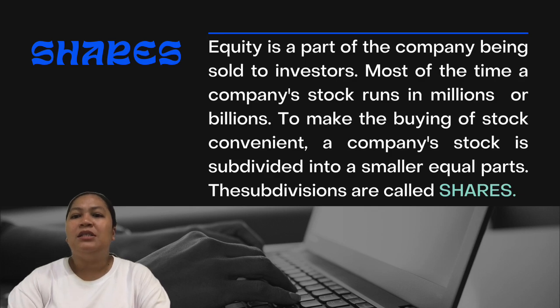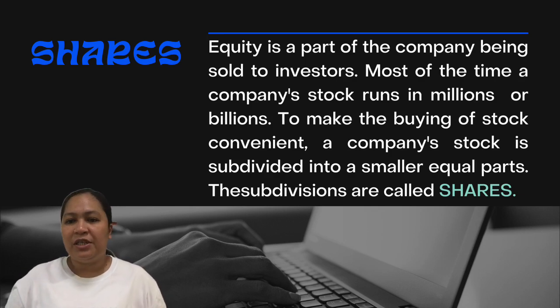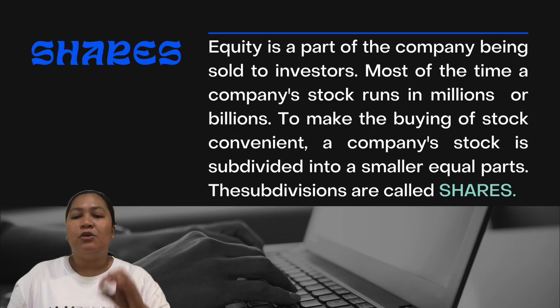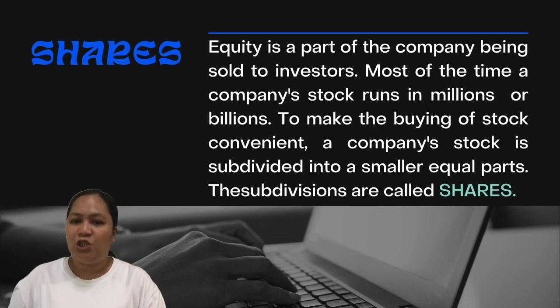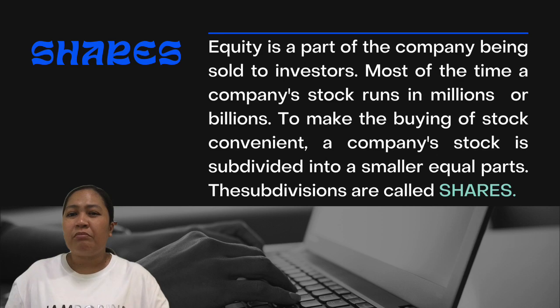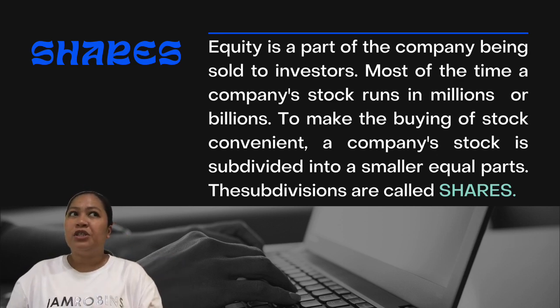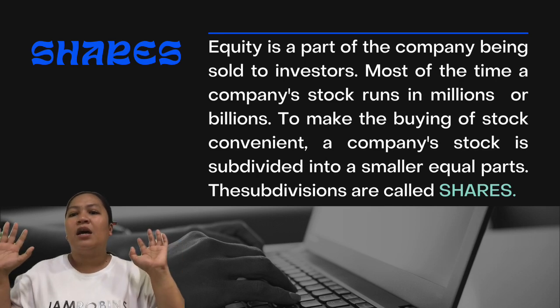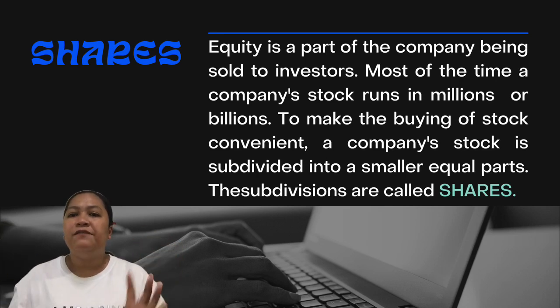Equity is a part of the company being sold to investors. Most of the time, a company's stock runs in millions or billions. To make the buying of stocks convenient, a company's stocks are subdivided into smaller equal parts. These subdivisions are called shares. As I told you earlier, equity is major, composed of millions or billions of stocks.